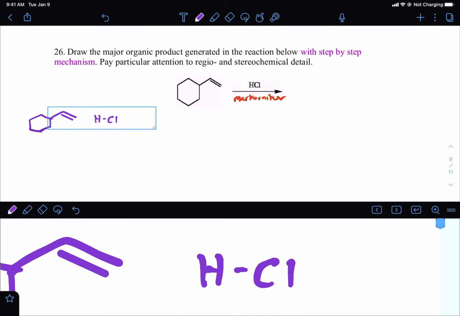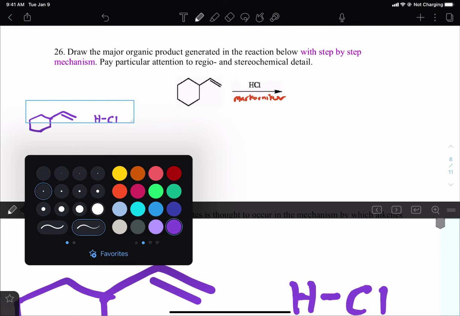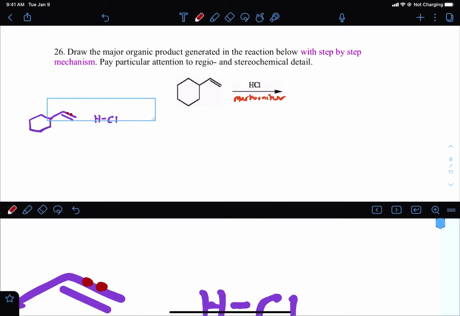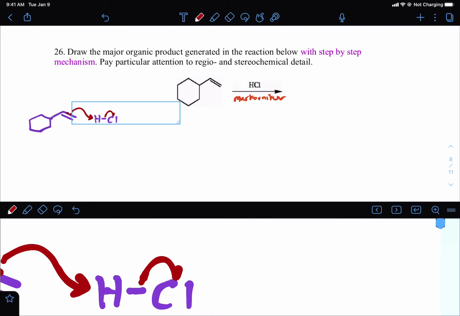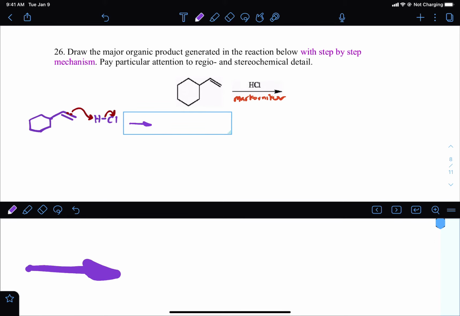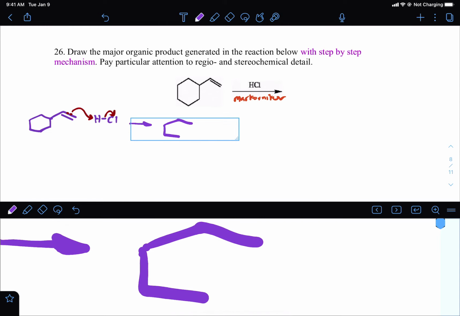HCl. The pi bond is going to grab the H, kick off the chloride. We're going to put the H onto the carbon with the most H's.